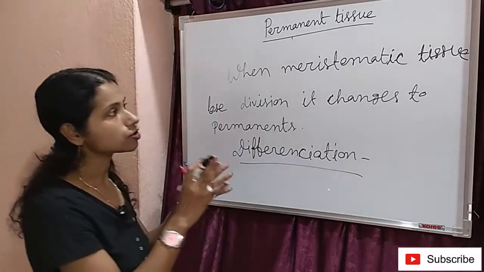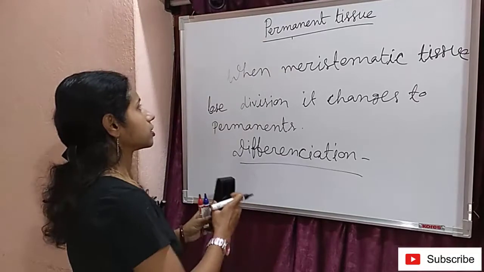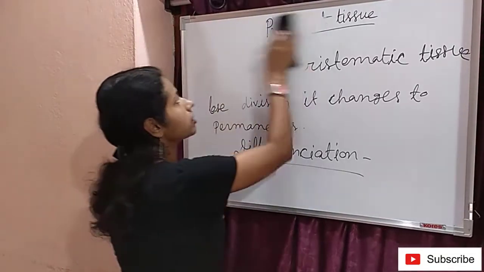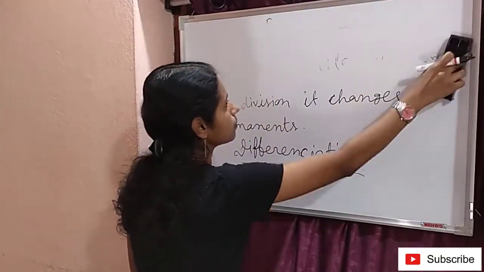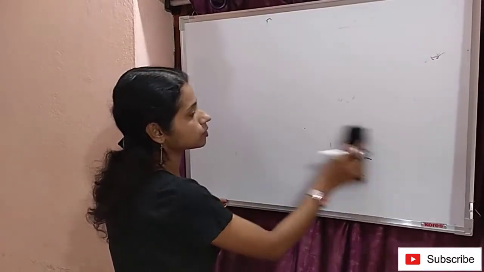Okay, so you understood what is permanent tissue. Now we'll discuss simple permanent tissue. What is simple permanent tissue? Simple permanent tissue is actually made up of the same types of cells.